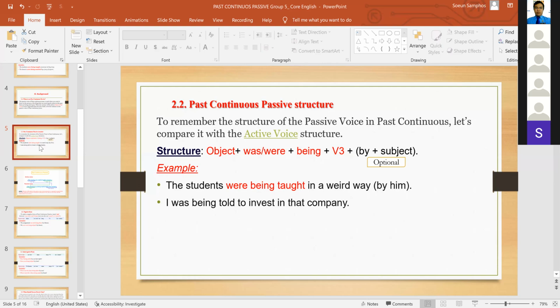The first: object plus was plus being plus past participle plus by plus subject. Number 2: I was being told to invest in the company. And if we write it in the active voice, maybe it is: he was telling me.